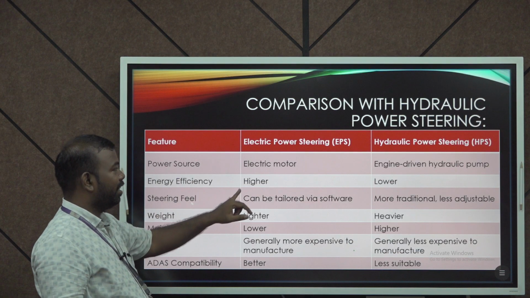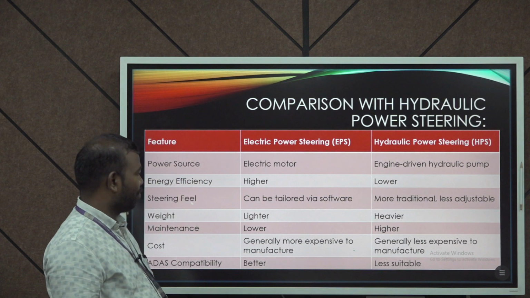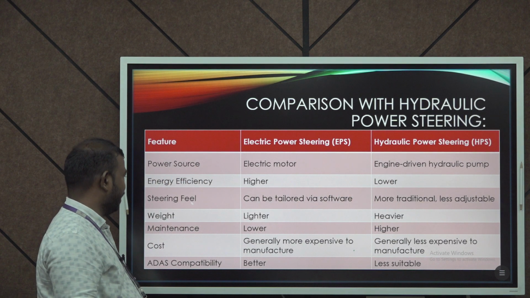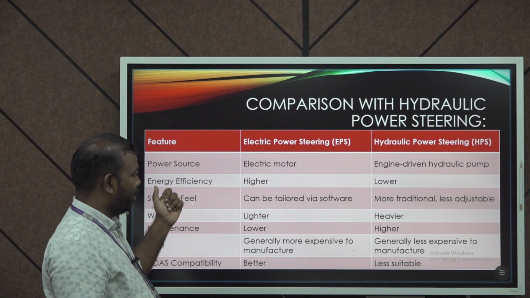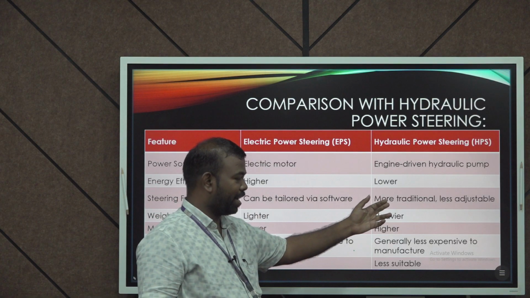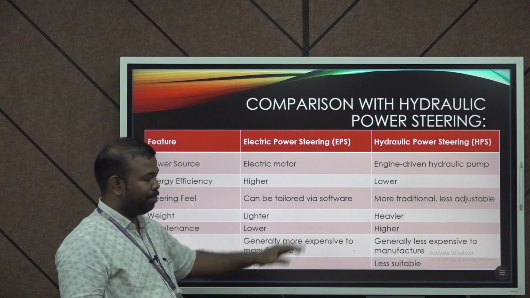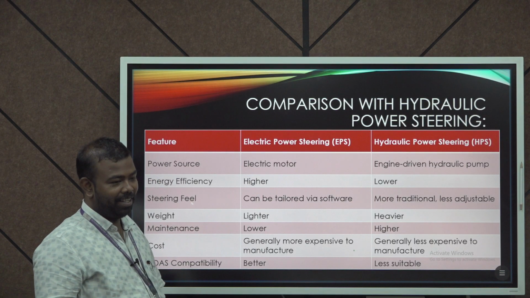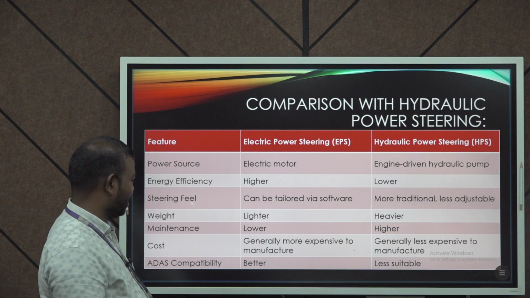Energy efficiency, when compared to hydraulic, electric is more efficient. Steering comfort will be more traditional in hydraulic, but anyhow electrical power steering has accessibility by using the automation software, right.